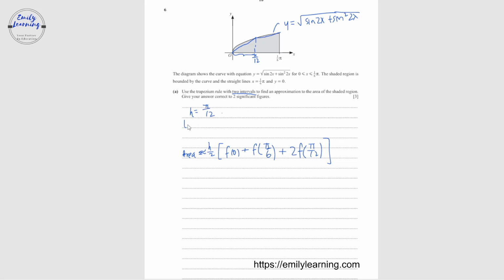Then I will also let f(x) be equal to this one, square root of sine 2x plus sine squared 2x.